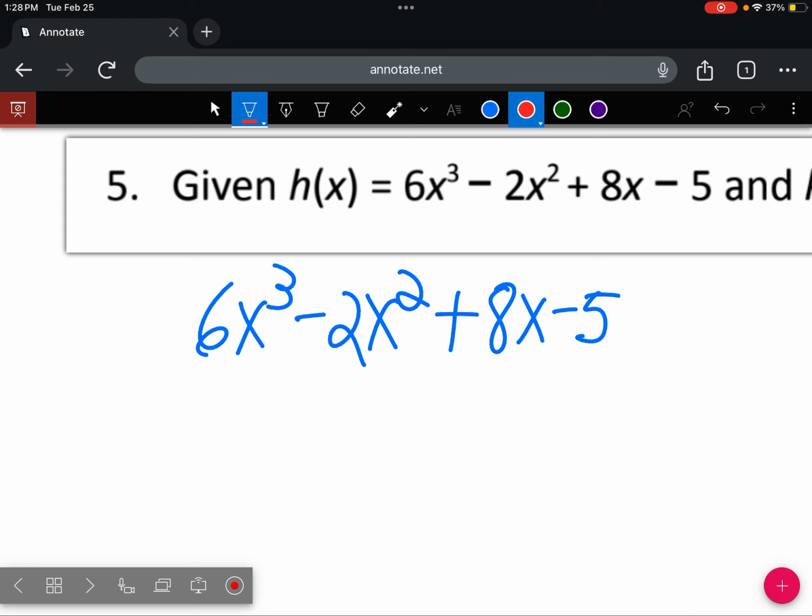7x squared. What does that go under? Where does the negative 3x go under? And what about the negative 9?